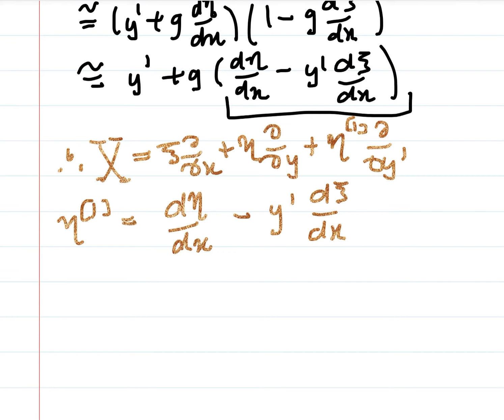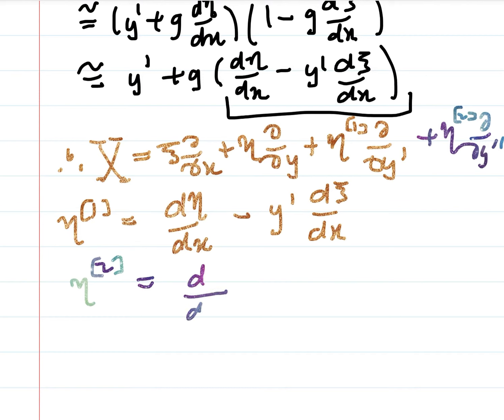And of course, we can expand this. I'm not going to do the calculation. If we call that eta 2 d by dy double dashed, then eta 2 is, we can show, the total derivative with respect to x of eta 1 minus y double dashed times the total derivative of xi with respect to x.